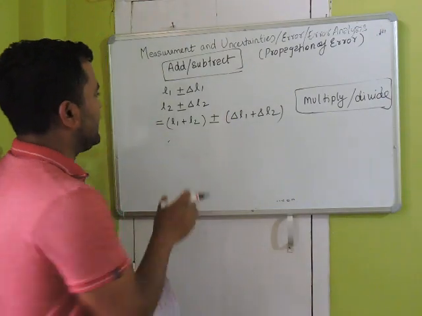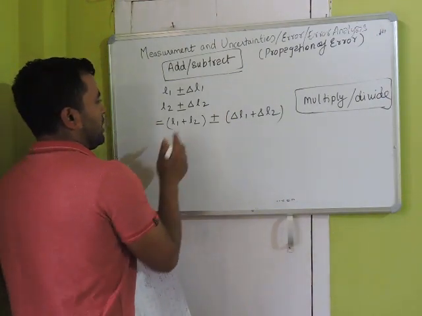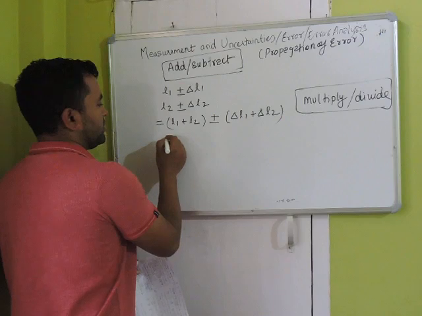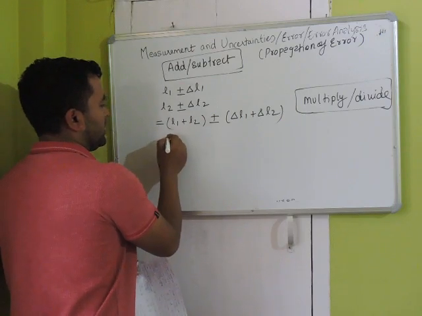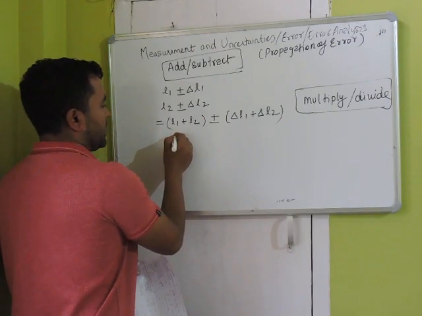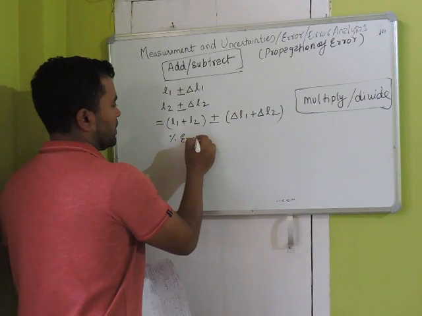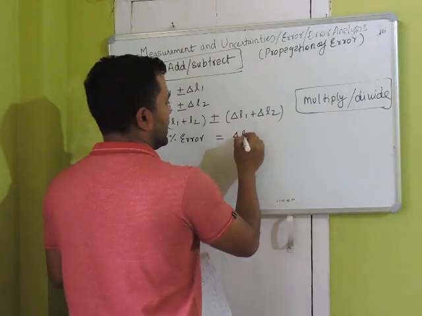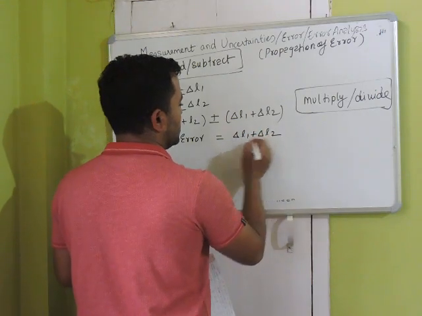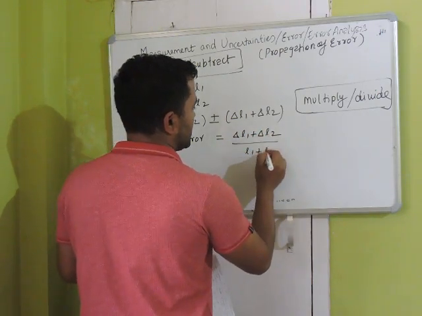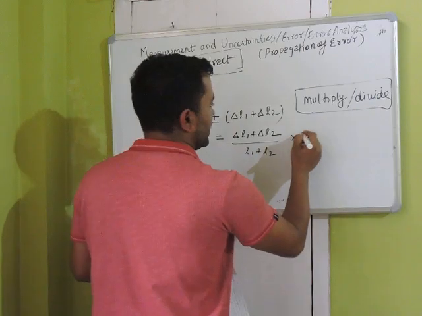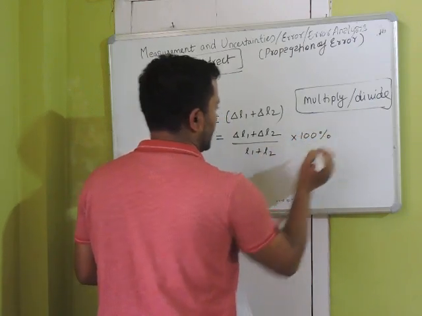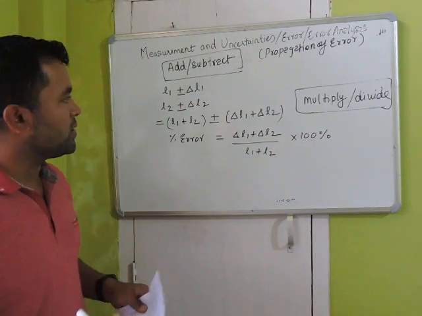Now in this case, the maximum fractional error, or the percentage error in addition, comes out to be delta L1 plus delta L2 divided by L1 plus L2, into 100%, in case of addition.